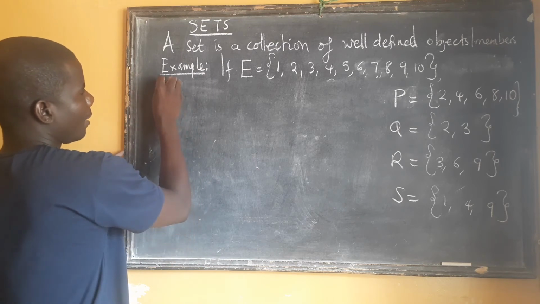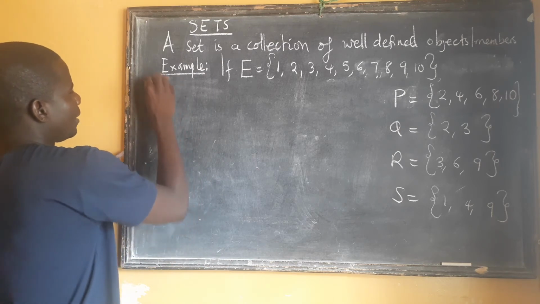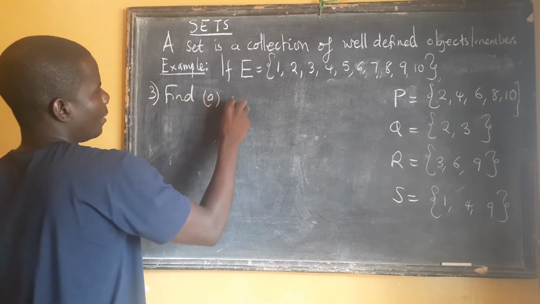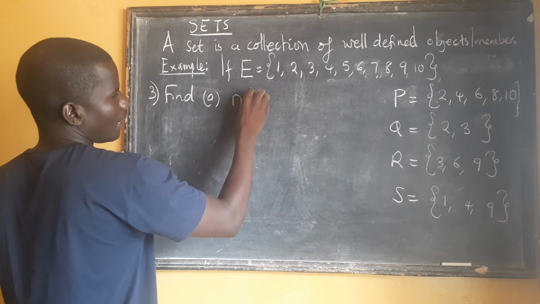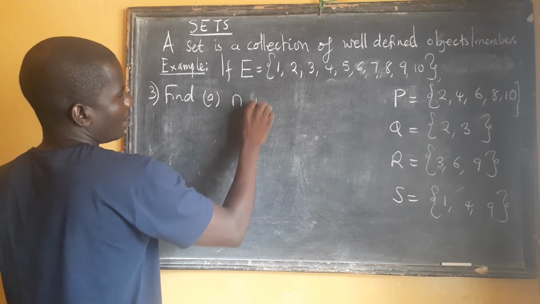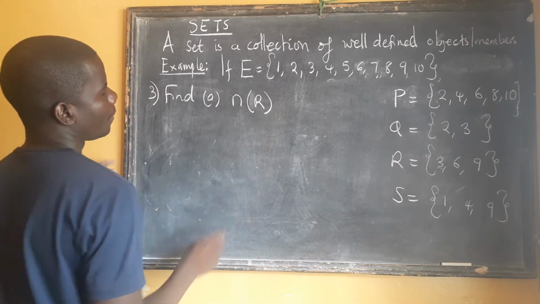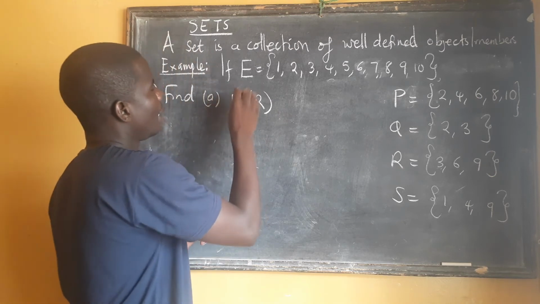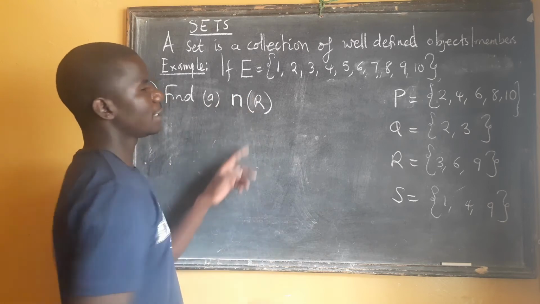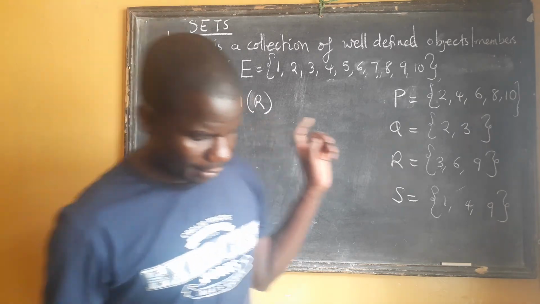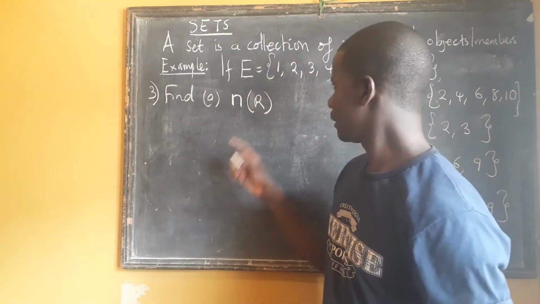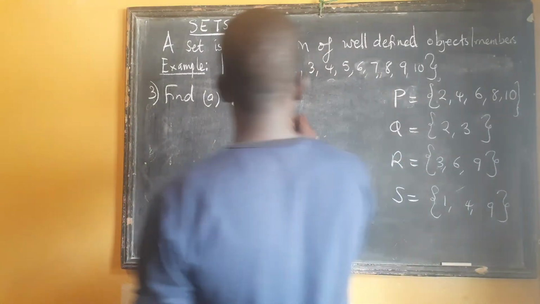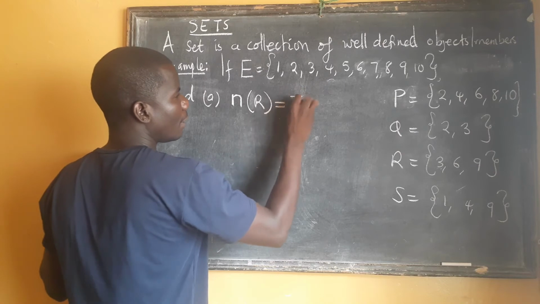Now we can say, question 3a, find the number of elements that are in R. This is now talking about n. We have an n here, which is the number of elements in set R. So you go to set R and count. How many elements do you have? 1, 2, 3. So our answer is going to be 3.